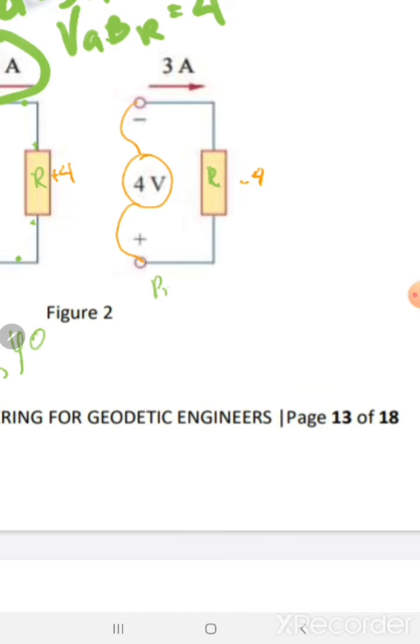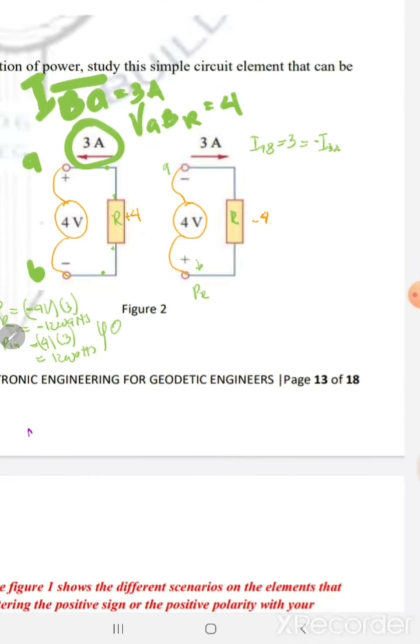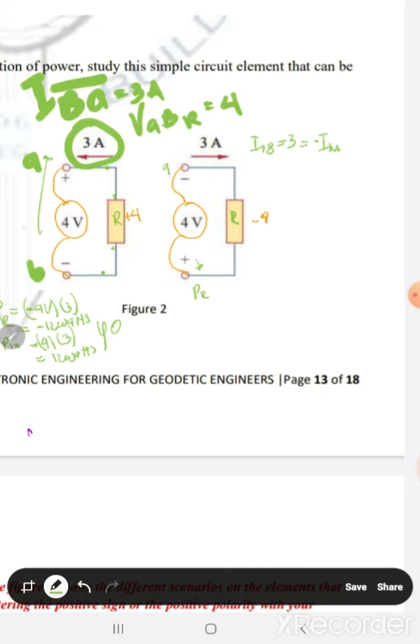PR is that, let's say this will be your direction AB. My IAB is equal to positive 3, which is equal to the negative of IBA. So, look, when I change the direction of this, it becomes negative, IBA. Positive of IBA is equal to negative of IAB.